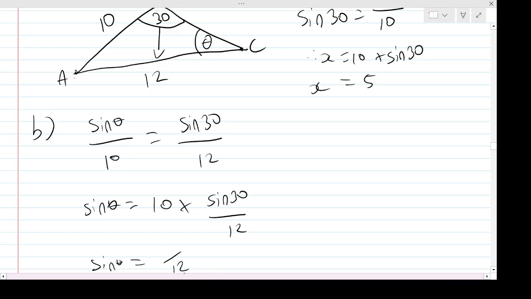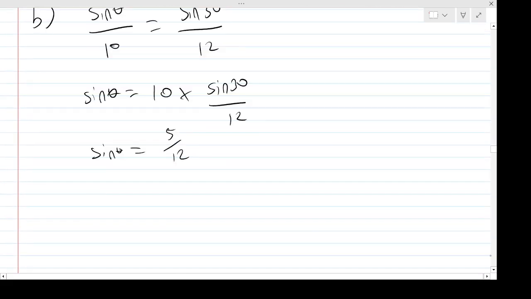So then theta, well, we need to consider there will be two possible solutions to this. First of all, one solution is always going to be the inverse sine. So theta could be inverse sine of 5 over 12, which is 24.62 blah blah degrees, right?